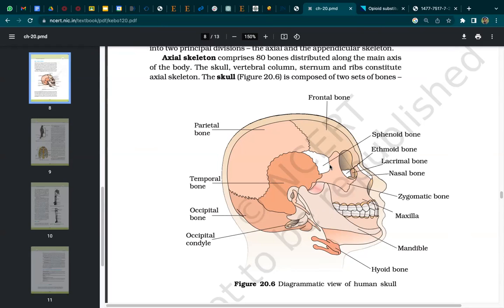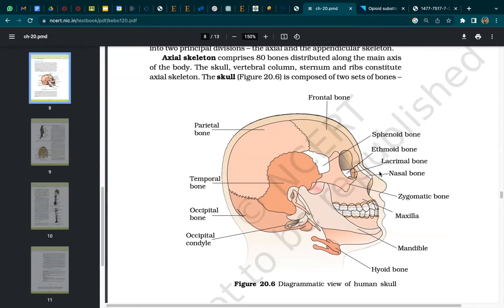So in our skull, the only bone that we can move is our mandible. Write it down: mandible is the only movable bone. So our lower jaw is movable. We cannot move our upper jaw. It's fixed with the cranium.